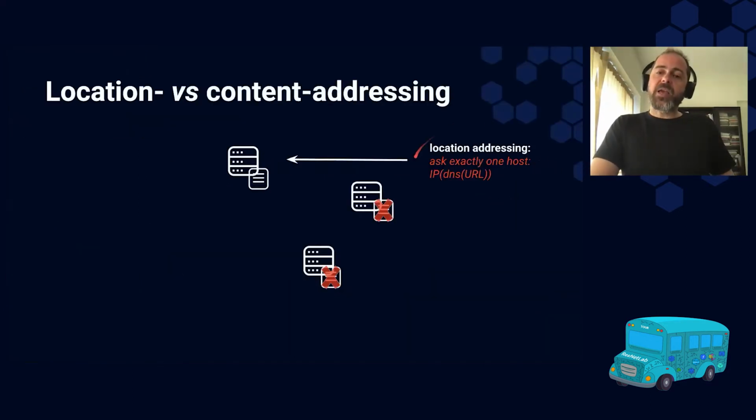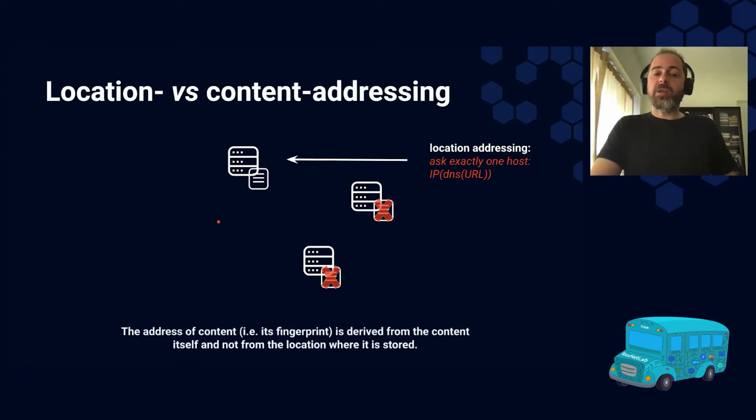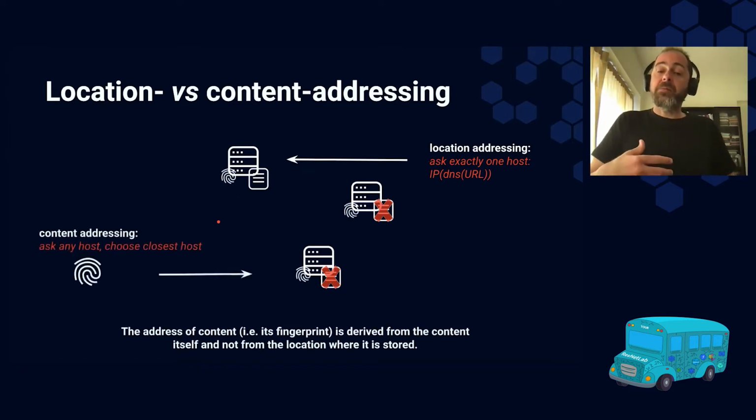Instead of using location addressing and being bound by the DNS system to one location, one IP address where the content lives, we can use content addressing and basically ask any host if they have the content and then choose the closest copy. The address of the content is derived from the content itself in content-based addressing and not from the location.